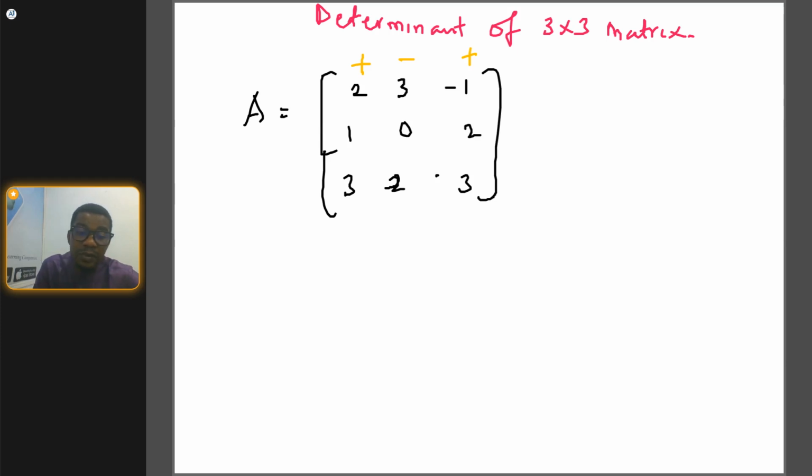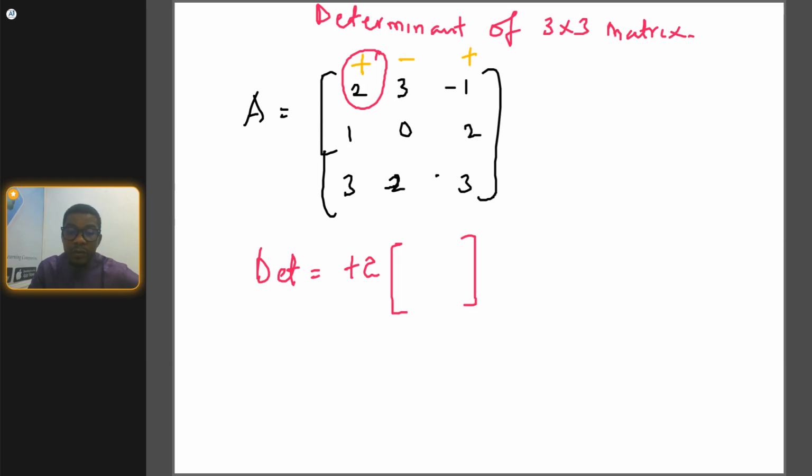So you start with the first one, which is plus 2. Determinant equals plus 2. Now we need to check where plus 2 is crossing with the row and the column.